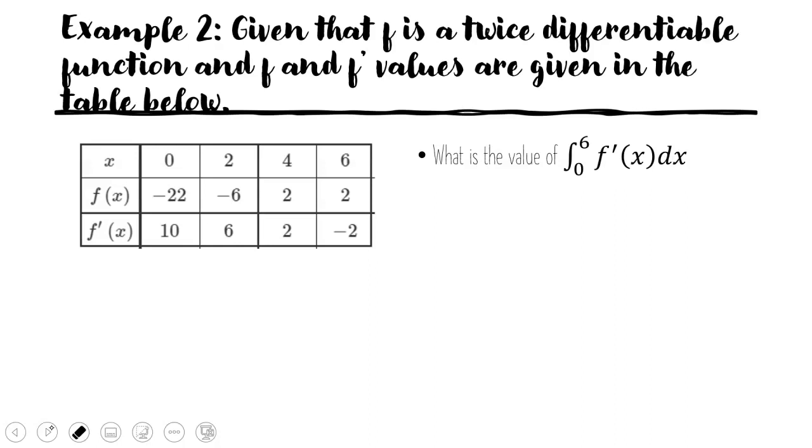Okay, given that f is twice differentiable, thus differentiability implies continuity for both f and f prime. What is the value of the integral from 0 to 6 of f prime x dx?